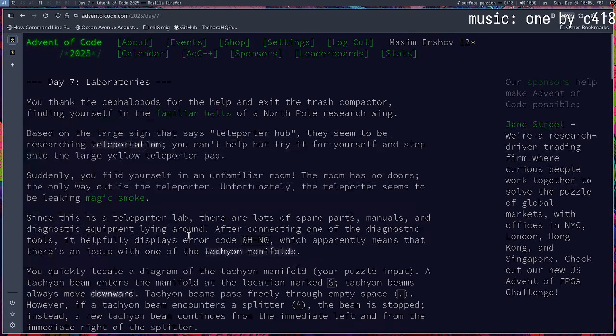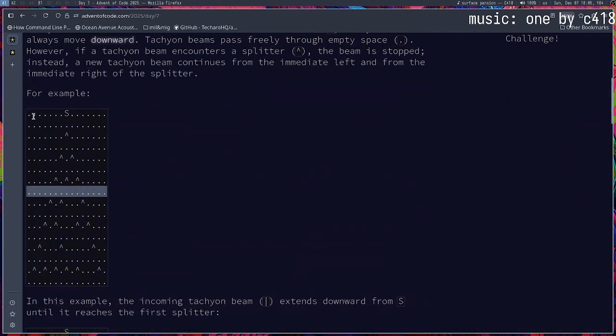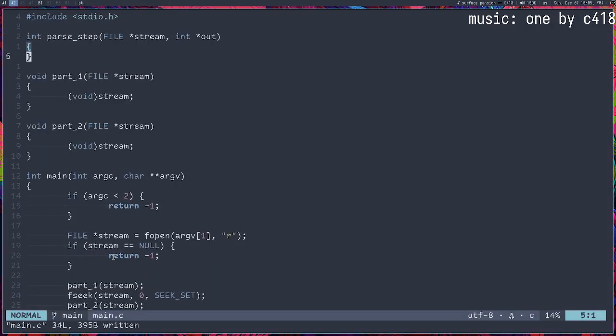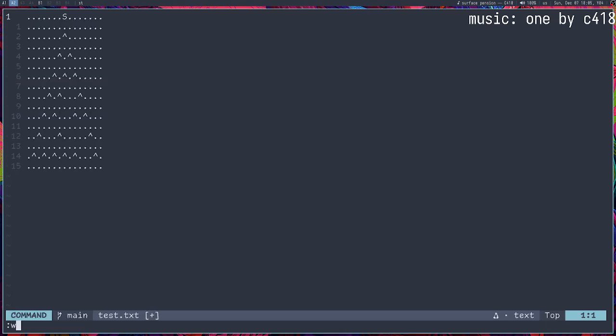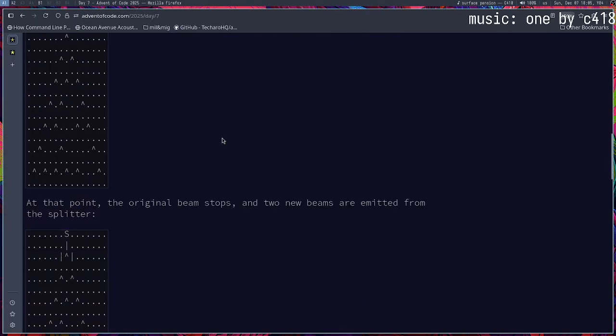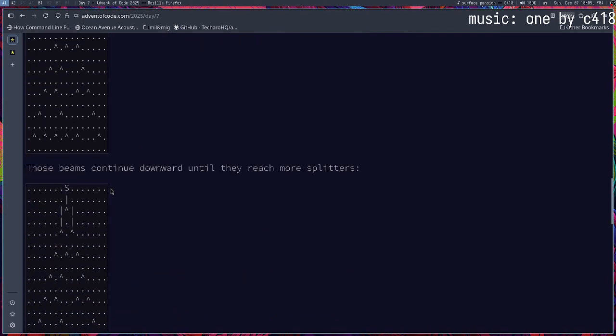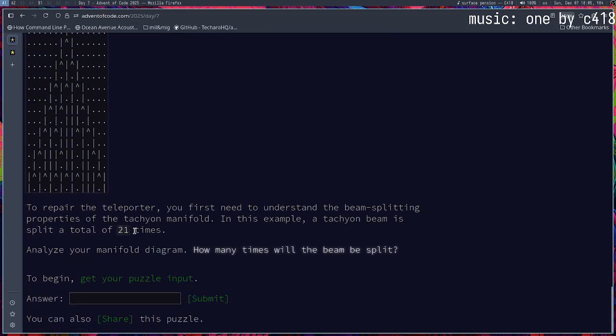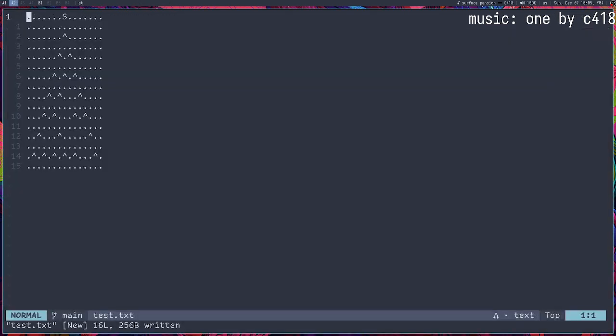Alright, let's copy the example input, and my actual input.